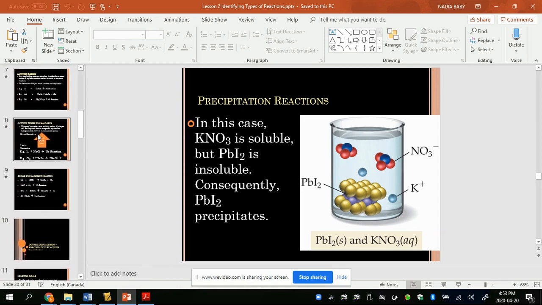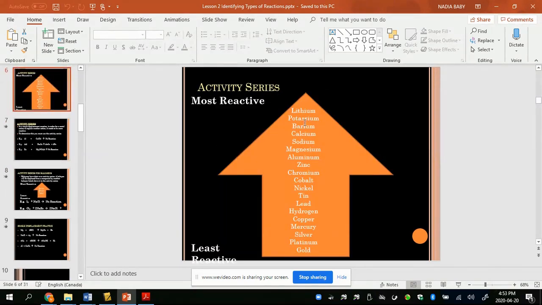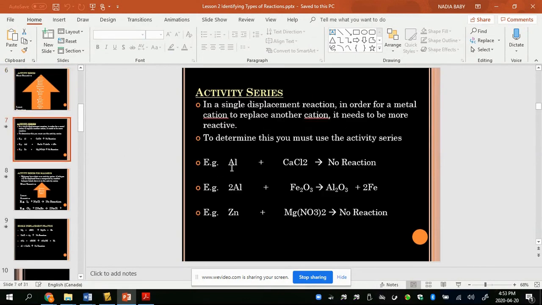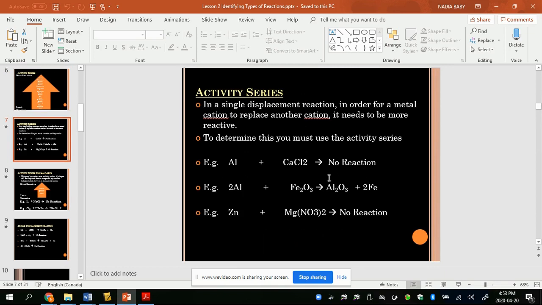So let's just recap that. Here's your activity series list. It's given on your single displacement sheet, and you can predict whether aluminum will kick out calcium based on where it is on the list. If aluminum is above calcium, which in this case it is not, it cannot happen. So that's why it says no reaction here.